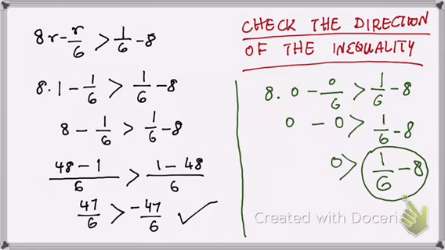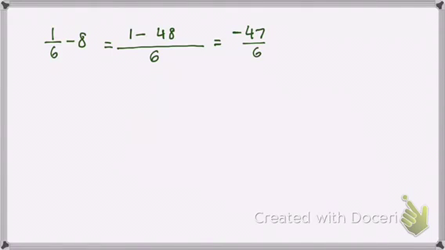So 1 by 6 minus 8 equals 1 minus 48, which is negative 47 by 6.